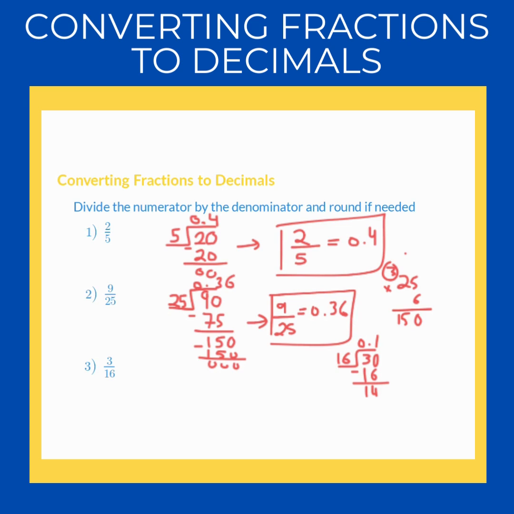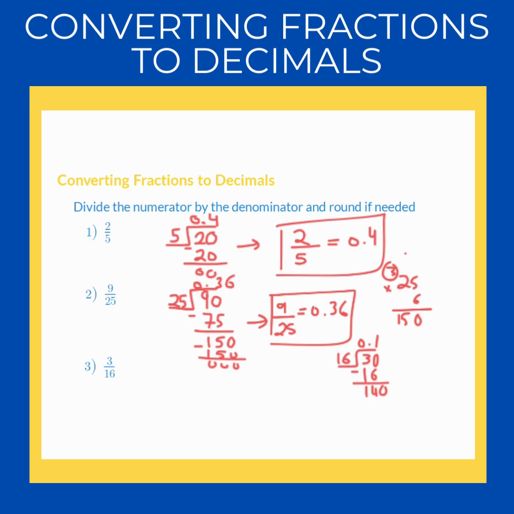Now let's divide 14 by 16. It's not possible because 14 is smaller than 16. So I add a 0. And once I add a 0, now I can divide 140 by 16. So let's think of a number. When I multiply it times 16, the answer is 140. If I try 16 times 8, the answer is 128.